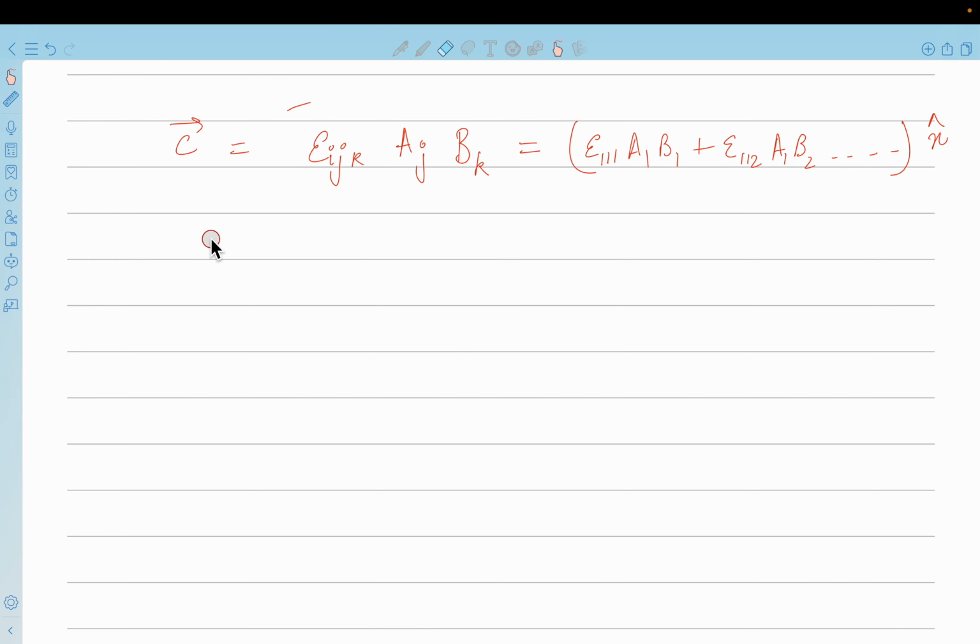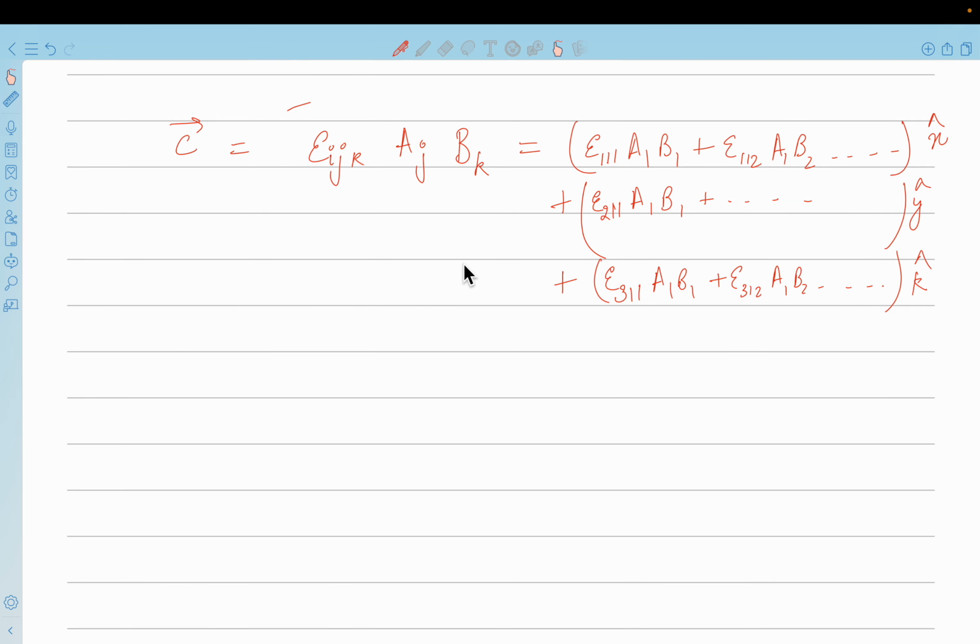Then the other terms will be epsilon. Now if I take i equal to 2, that is y cap, then you'll have a1 b1 plus and so on other terms, and in the k cap direction you'll have epsilon 3 1 1 a1 b1 plus epsilon 3 1 2 a1 b2 and so on.